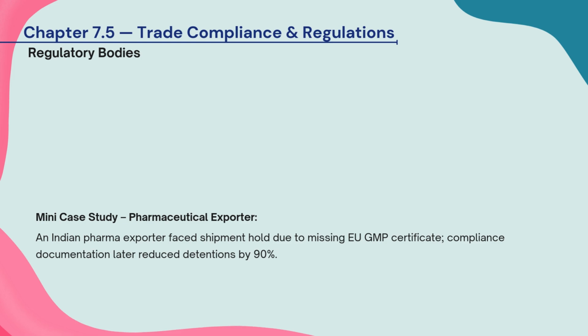At the global level, organizations like WTO, WCO, and ICC set international standards. The case study shows how a pharma exporter's shipment was delayed due to a missing EU GMP certificate, but strengthening documentation later reduced such detentions by 90%.